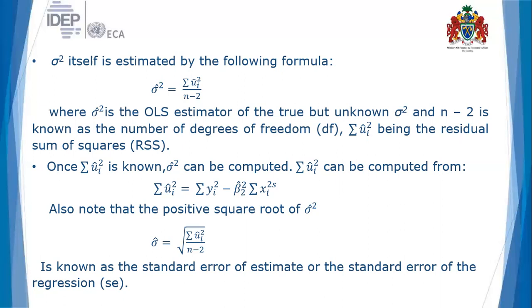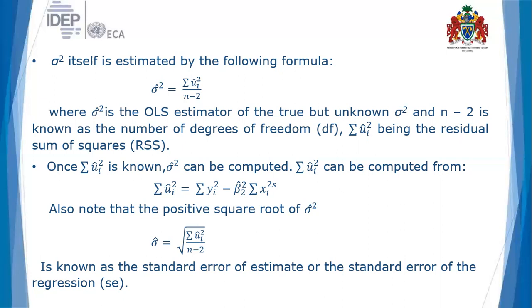Summation u hat i squared can be computed from the following. That is, summation u hat i squared is equal to the sum of y i squared minus beta hat 2 squared multiplied by summation x i squared.